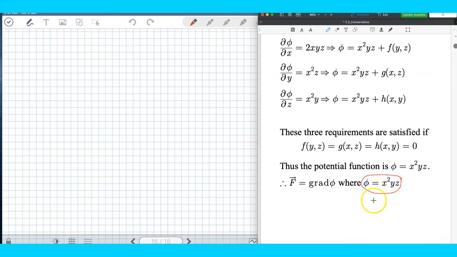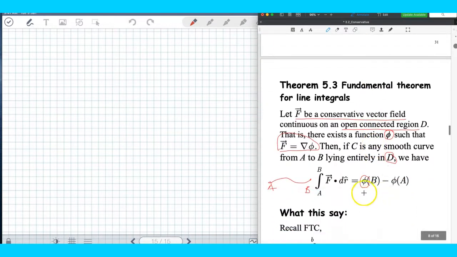You just substitute the end point and the initial point, and you can get the answer directly without evaluating F dot dr and doing the integration from A to B. So in this case, your work becomes simpler, right?